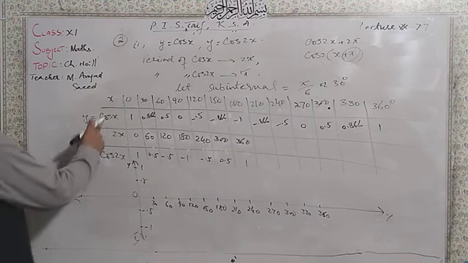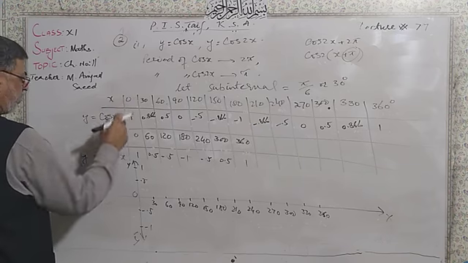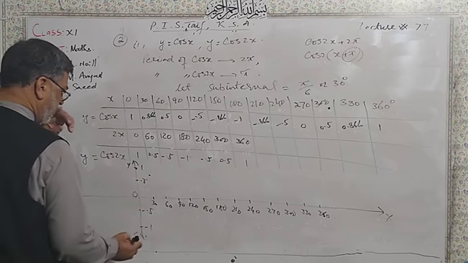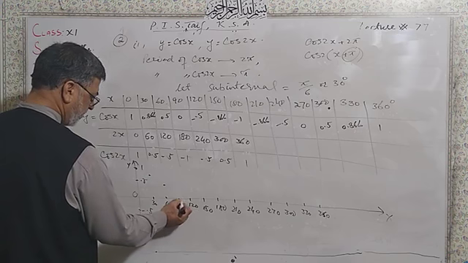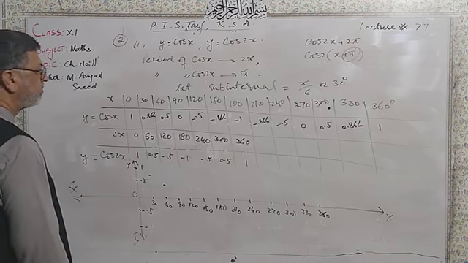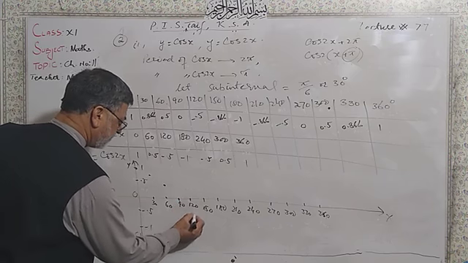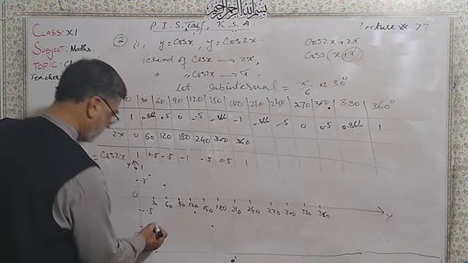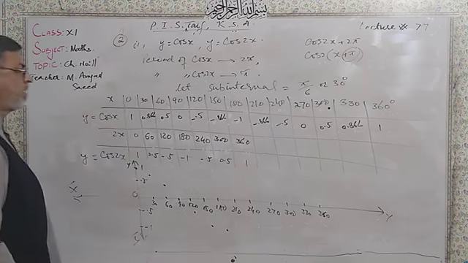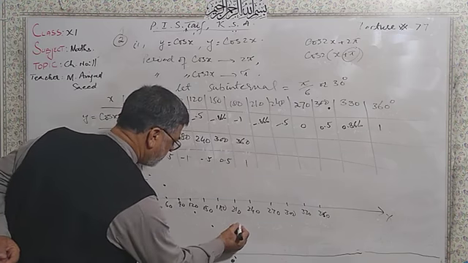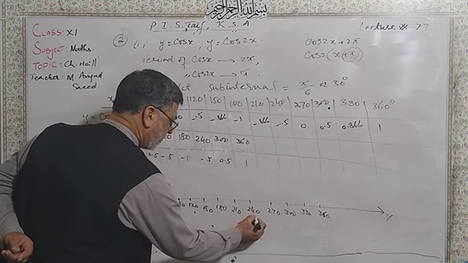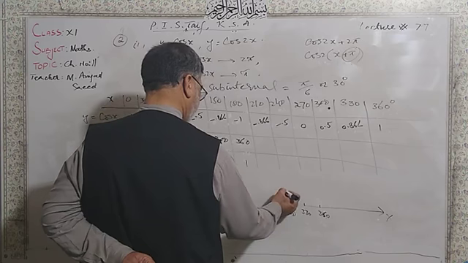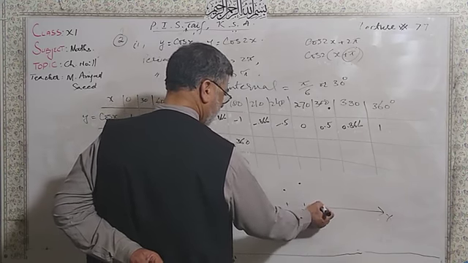This is the cos x graph. 0 and 1, here is 1, 30 is 0.866, 60 is 0.5, 90 is 0, 120 is minus 0.5, 150 is minus 0.866 and 180 is minus 1. 210 is minus 0.866. 240 is minus 0.5 and 270 is 0. 300 is 0.5, 330 is 0.866, 360 is 1.